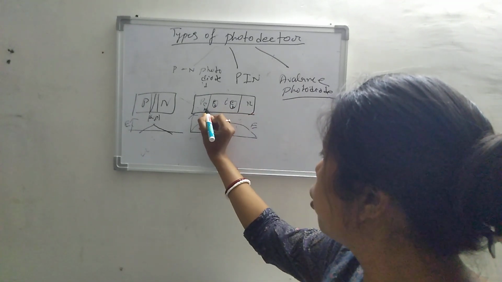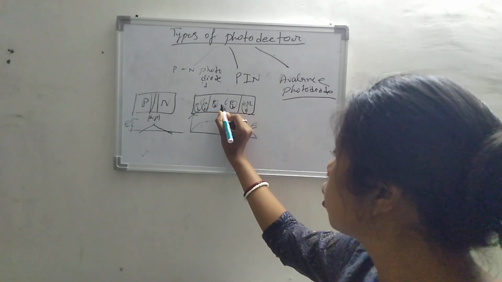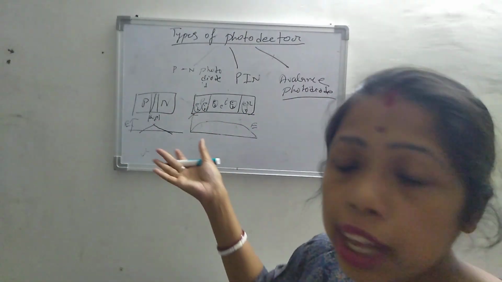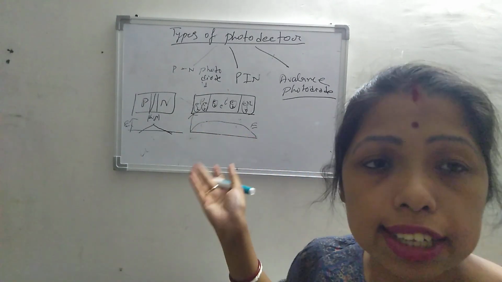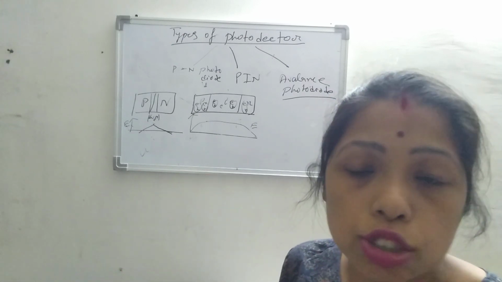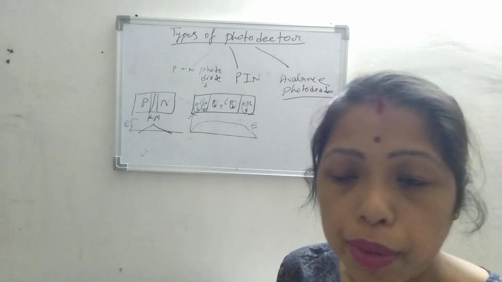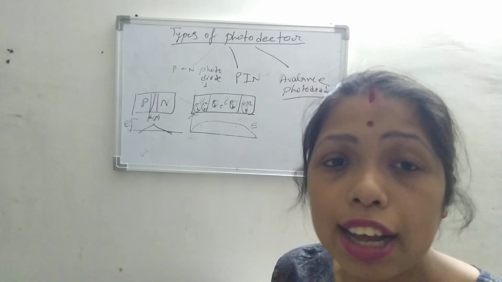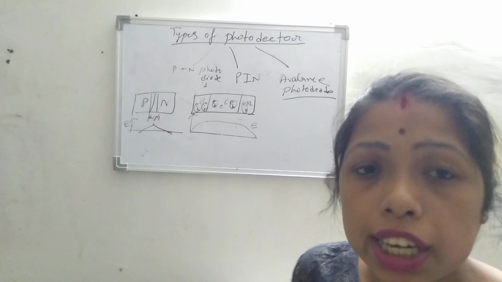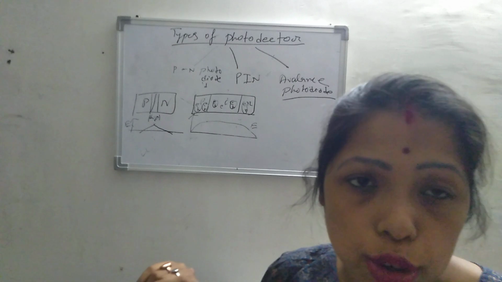So electron hole pairs will be produced in the entire PIN photodiode, right? As the electric field is maintained in the entire region, whatever electron hole pairs are produced inside the PIN photodiode, we will get the maximum dissociation efficiency, because all the electron hole pairs are dissociated due to the electric field present in the entire photodiode.